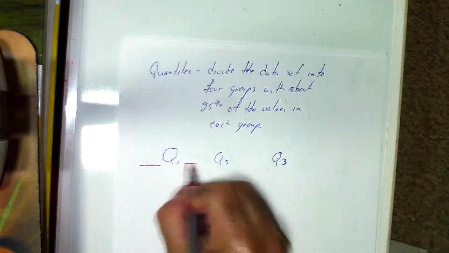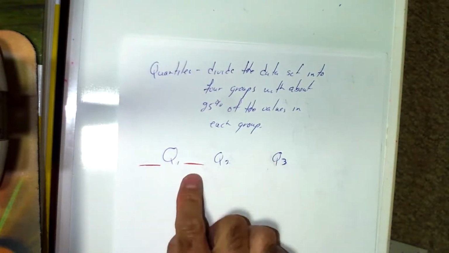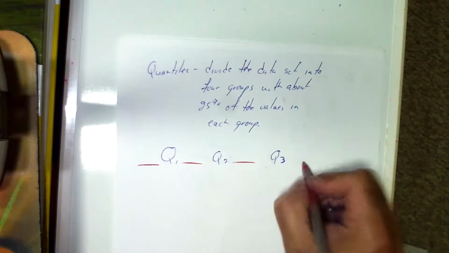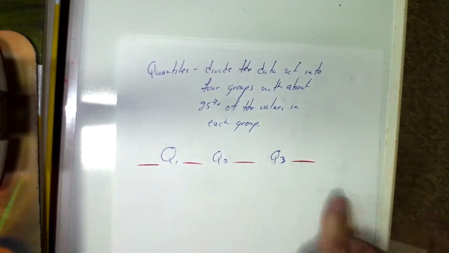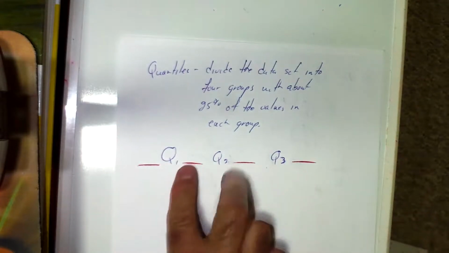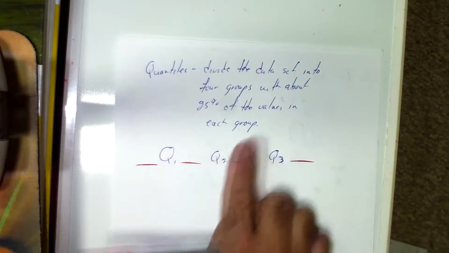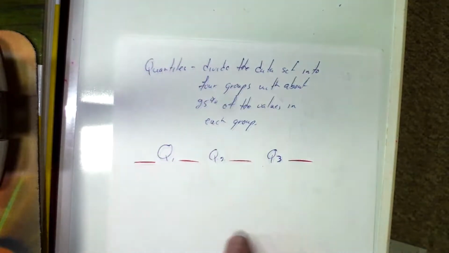You have a group in between, that's the second group. You have another group in between, that's the third group. And then you have a group right after Q3. So these 3 values cut off and form your 4 groups. They're like cutoffs. That's where your 4 groups come into play.